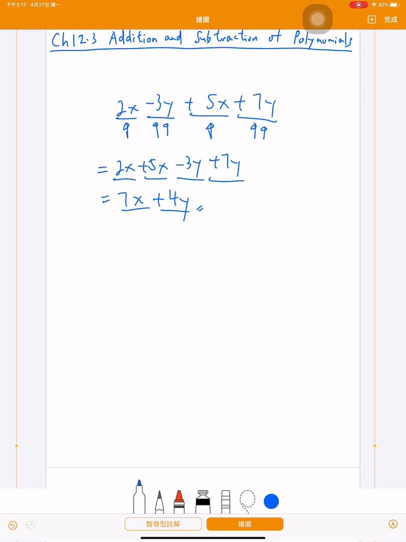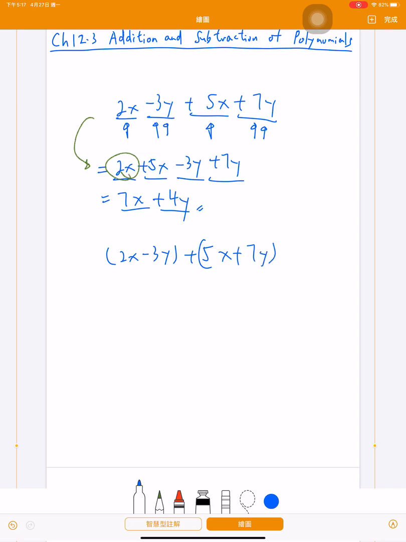Then after we talk about how to rearrange the order to combine the like terms together, we'll talk about one of the most common types of question, that is removing the brackets. For example, sometimes for the same question, for this one, 2x minus 3y plus a bracket 5x plus 7y.